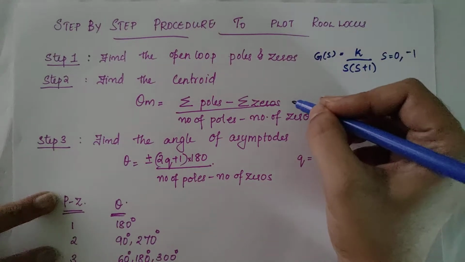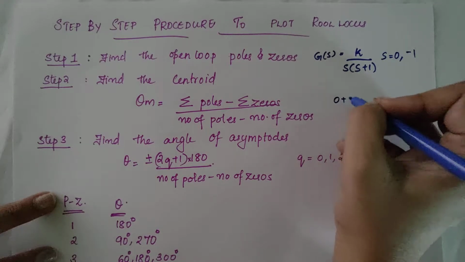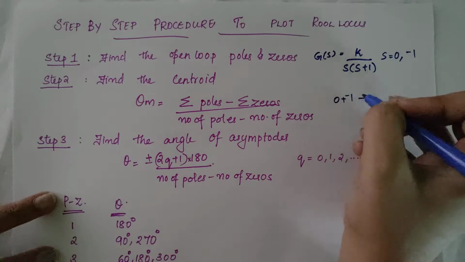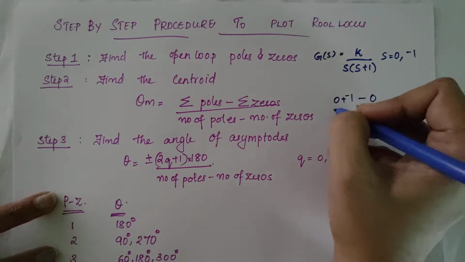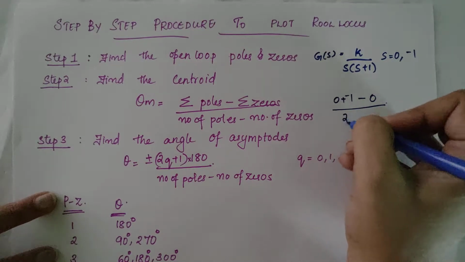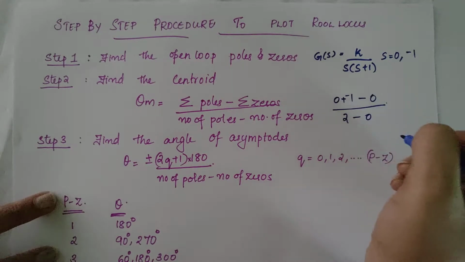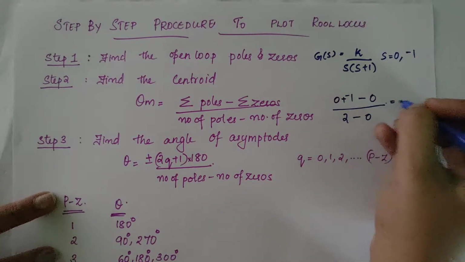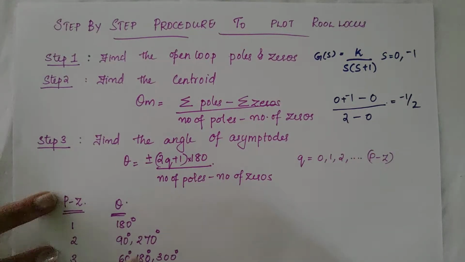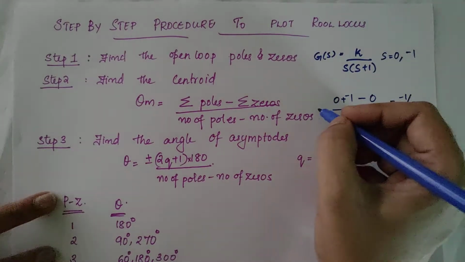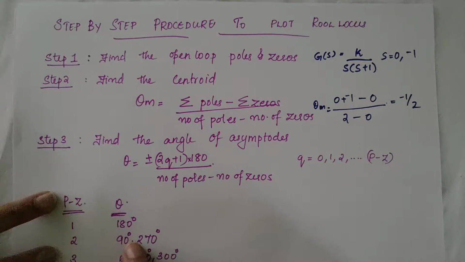So the summation of poles is 0 plus minus 1, minus summation of zeros, which is 0, divided by the number of poles, 2, minus number of zeros, 0. So it will be minus 1 by 2. Here my centroid will be minus 1 by 2.